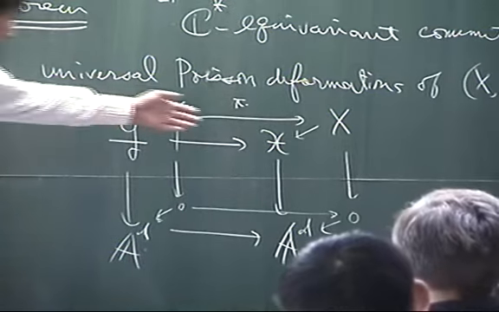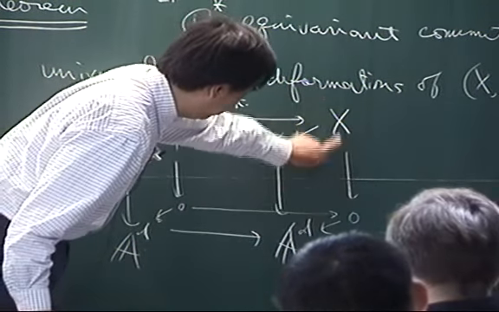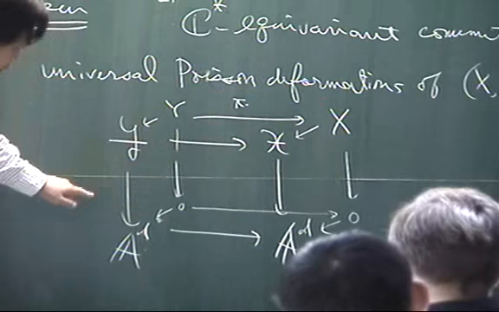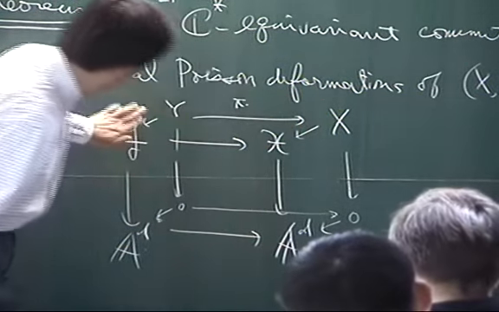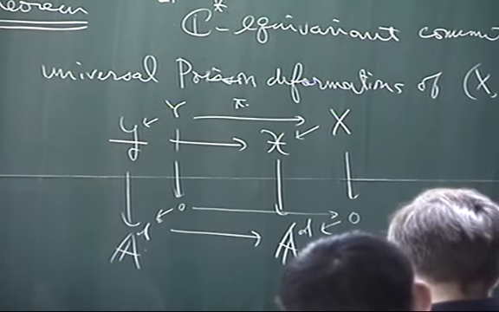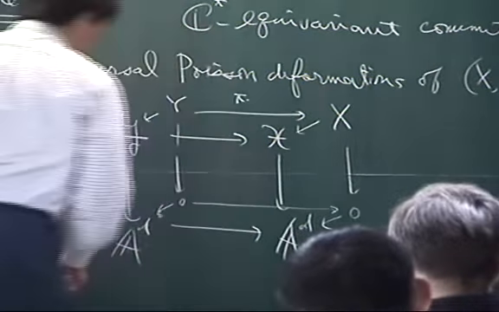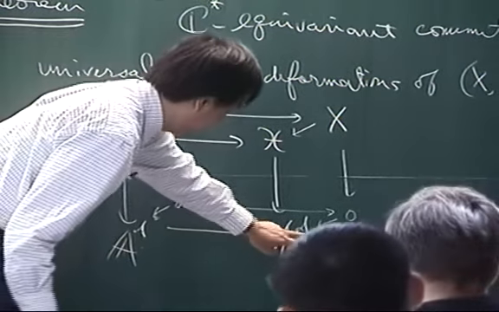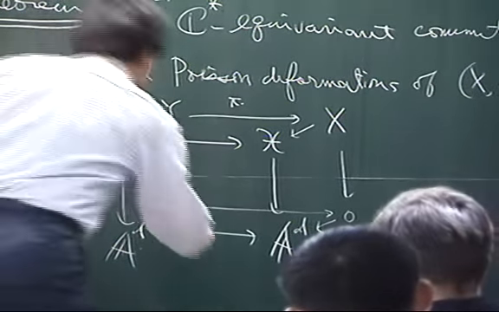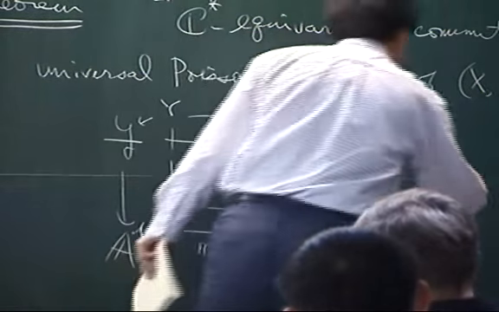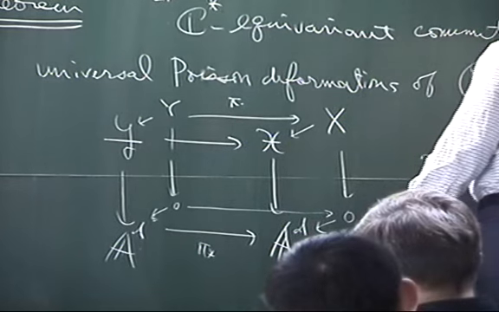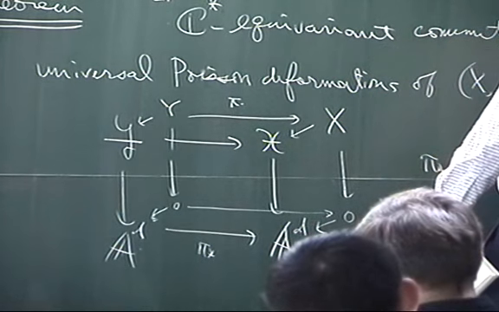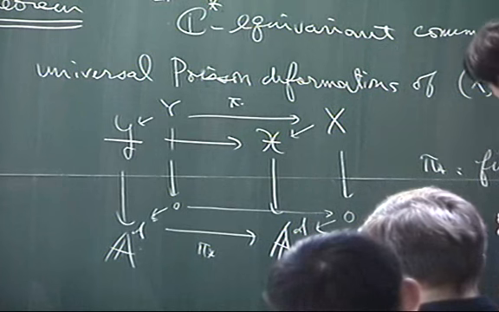So this means that this is a universal Poisson deformation of X, and this is a universal Poisson deformation of Y. So you have a relative Poisson structure here and a relative Poisson structure here. And this map is to an affine space of the same dimension, say D. And moreover, this pi star is a finite Galois covering with a Galois group, say H.